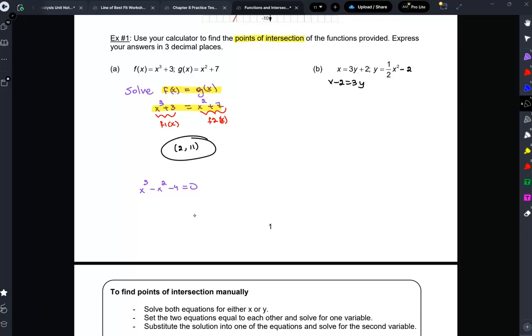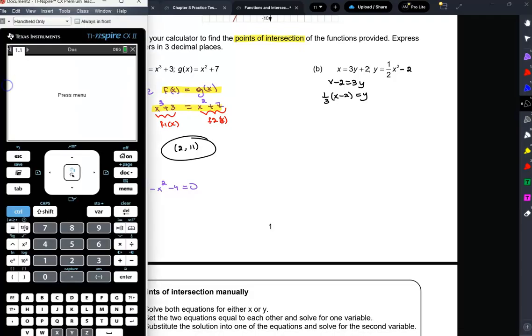And then y is 1/3 x minus 2/3. So let's graph that one.